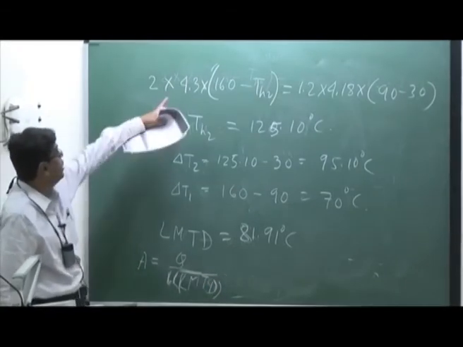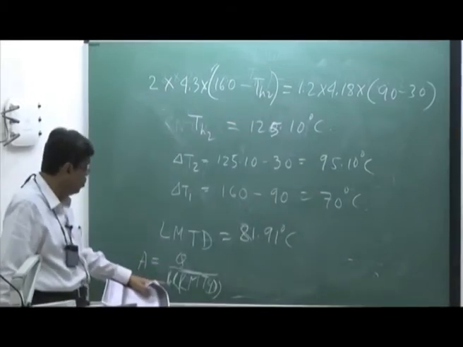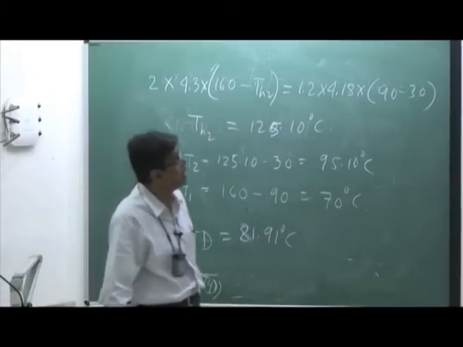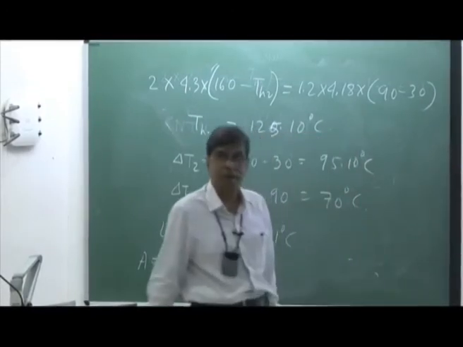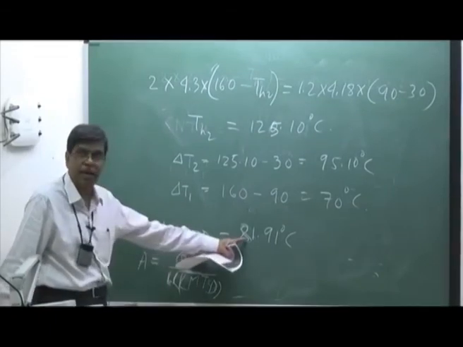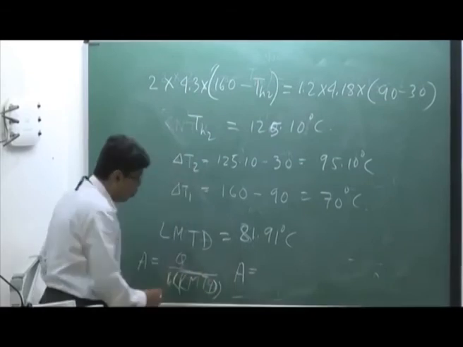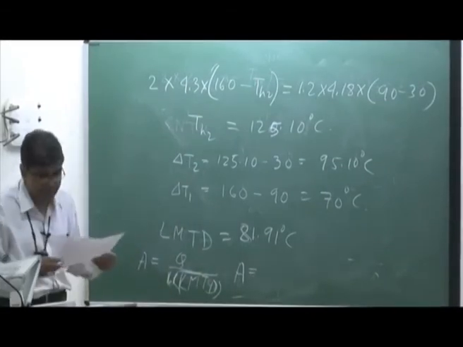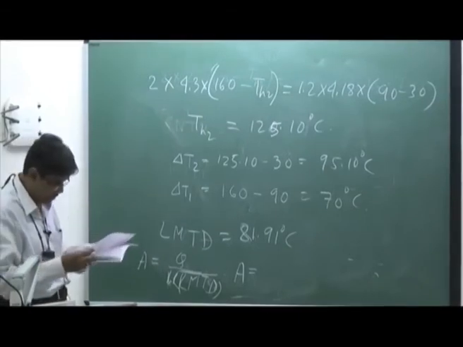So Q is this one, either this one or this one you put. U is given, what is the value of U? U is 600 watt per meter square degree Celsius and LMTD is 81.91 degree Celsius, which gives A, if you put this value.